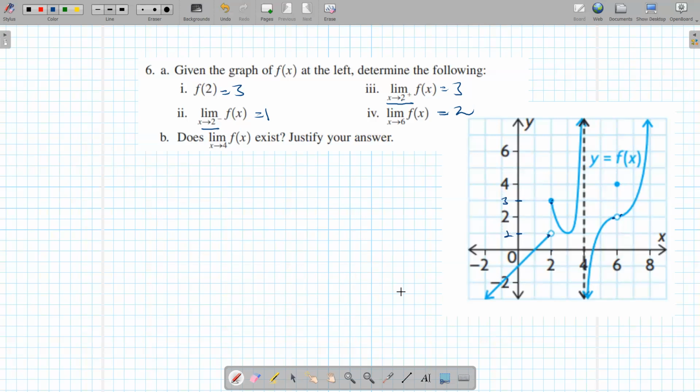Could be a trick question. Here, I'll tell you. Left side at 4, you look here, whatever the function is closest to it. It's positive infinity. 4 minus means to the left of 4, it's positive infinity. What about 4 plus, to the right of 4? Negative infinity. And these two are not equal. This is called an infinite discontinuity. There's an asymptote that kind of splits the graph in half.